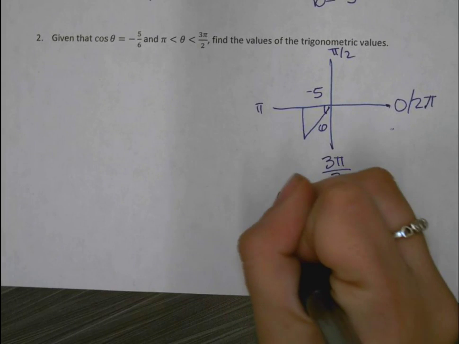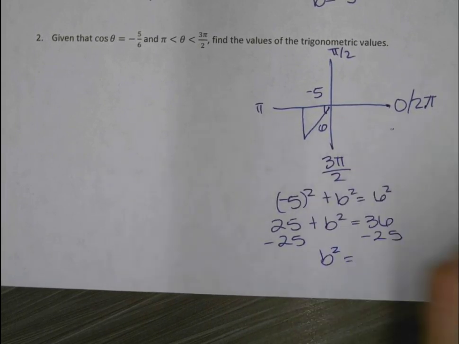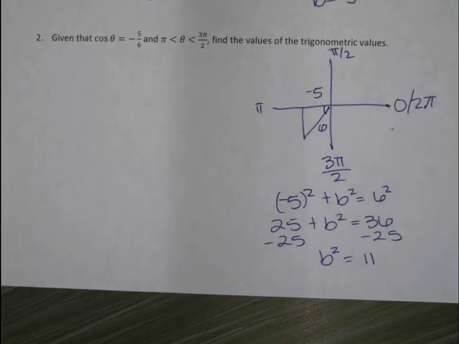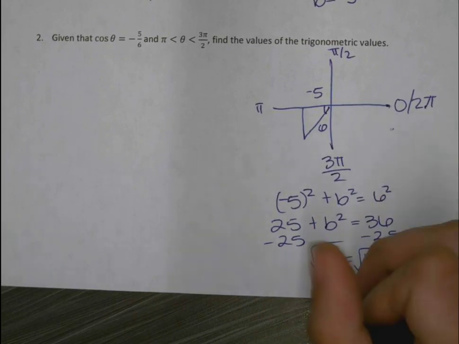Okay, then I subtract 25 on both sides. The only difference here is I have to be careful on whether my side lengths are positive or negative. Okay, then I go to take my square root, and this one just leaves me with the square root of 11.